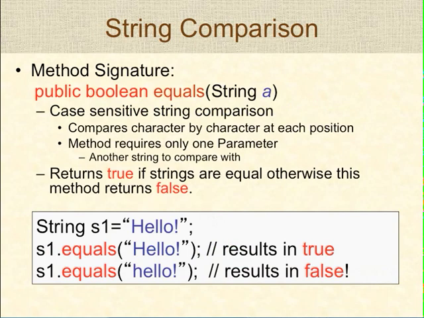Now another, probably one of the more important methods, is the equals method. This tells us whether or not two strings are equivalent. Now if you try to compare two strings, say S1 and S2, with the double equals operator to check equivalence, it will check to see whether or not the two variables are referring to the same object.